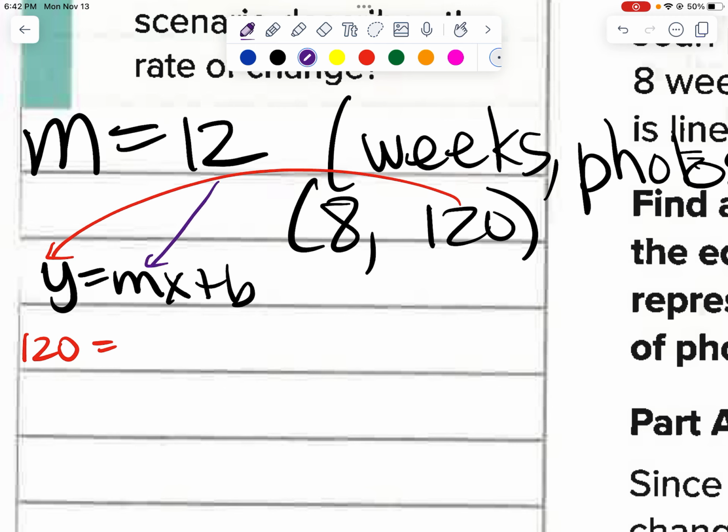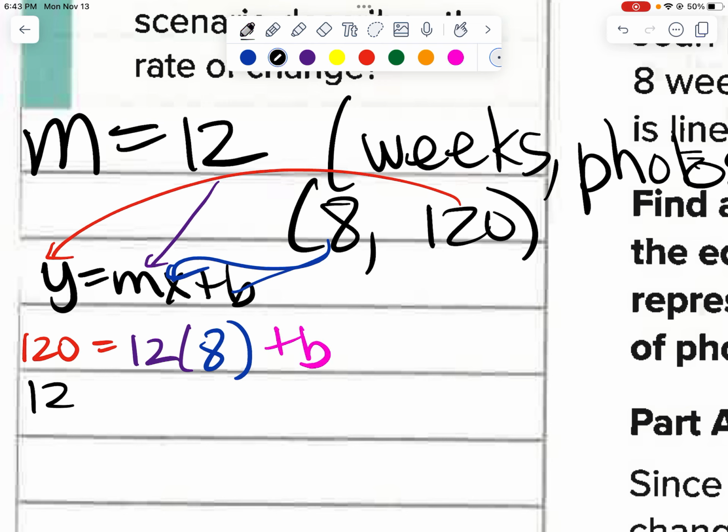Plug it in. Oops, sorry. Plus b. So 120 equals 96 plus b.